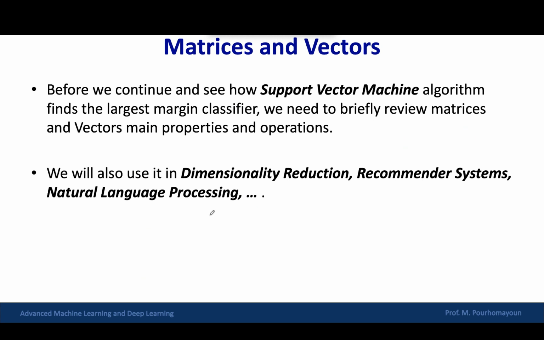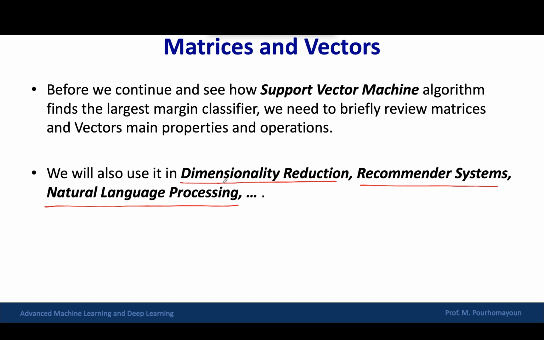In many different data science and machine learning problems, we use this approach. We consider our data points as vectors. So for example, in dimensional reduction, in recommender systems, and especially in NLP, natural language processing, we represent our data points with vectors and then work in the vector space.